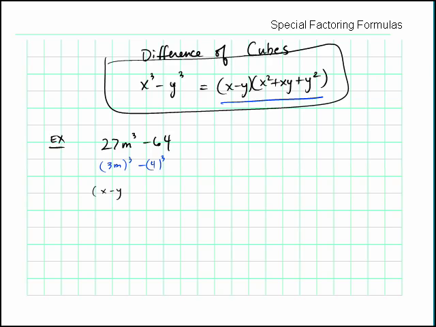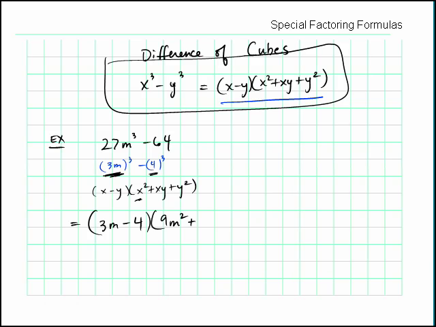Here's the pattern. And so for us, we're going to fill in for x minus y, 3m minus 4. X squared here is 3m squared. You got to square the 3 and the m, so that's going to be 9m squared.